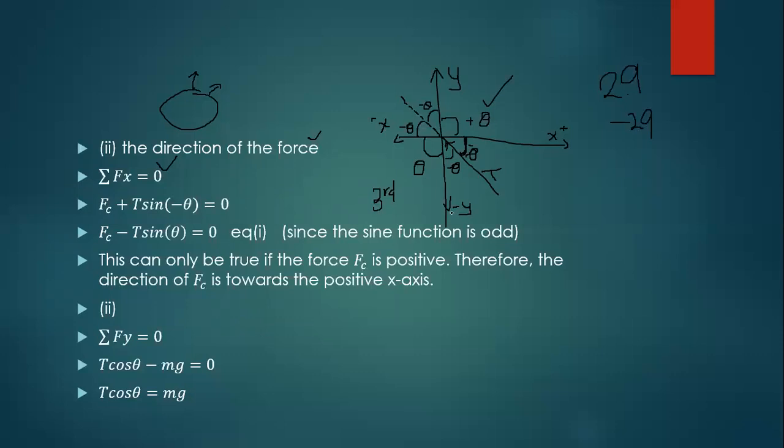No wonder, since it is with respect to the y-axis, in the x-axis we are even using the sine function because the angle has been taken with respect to the y-axis. And this angle is a negative angle, all right? It's a negative angle.